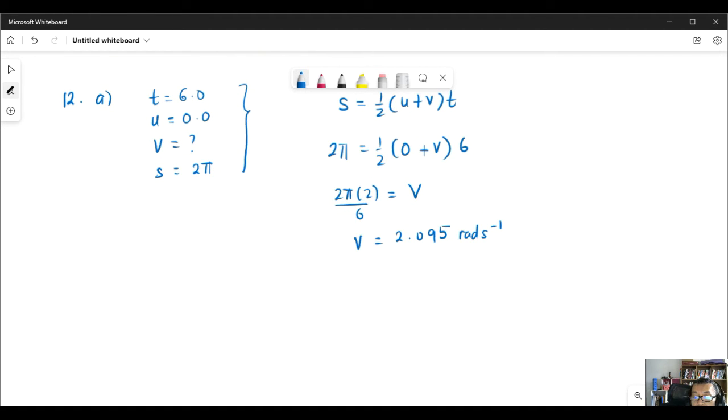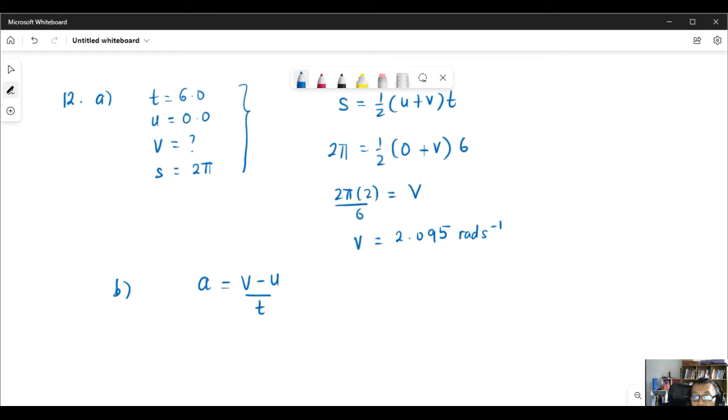And for B, the angular acceleration. From linear motion, you also have a formula: acceleration equals final velocity minus initial divided by time.